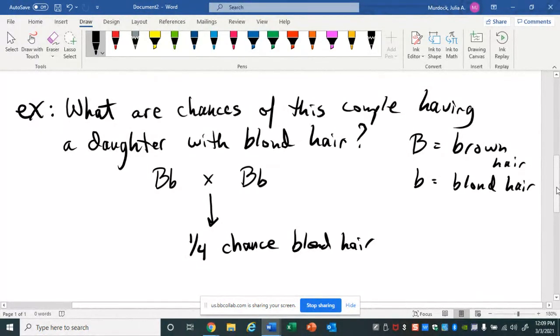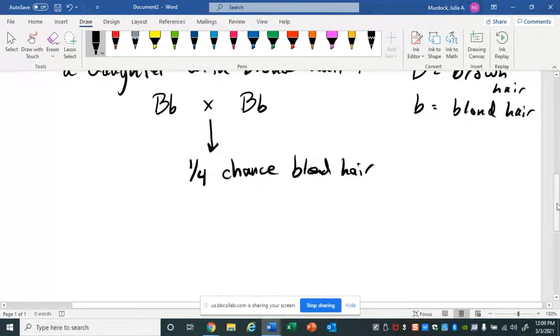Okay, now separately, what are the chances of this couple having a girl? I'll just do a complete picture here so you're not confused. This couple, in terms of their sex chromosomes, here's mom, and here's dad. And we don't have any sex linkage here.